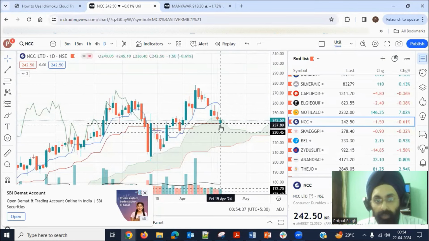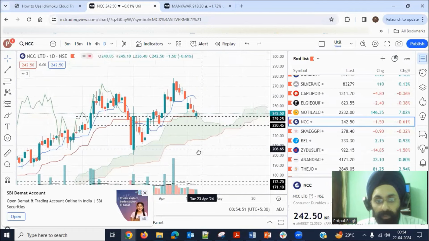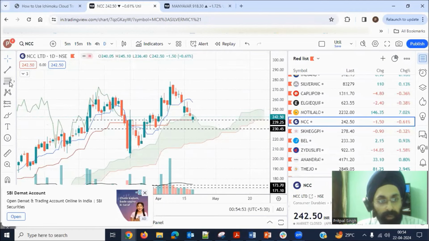Now, if you see, after the crossover, price came till below the baseline, which is also the 50% retracement of this entire bullish leg. Its 50% retracement is here.